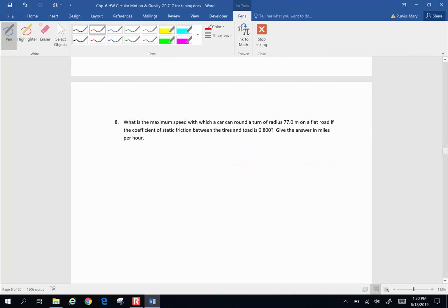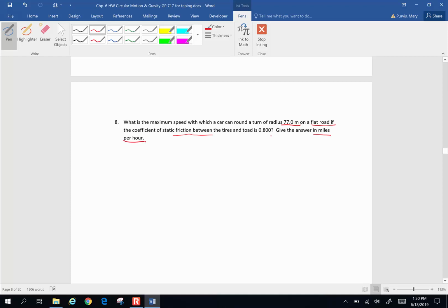Number 8. What's the maximum speed with which a car can round a turn of radius 77 meters on a flat road if the coefficient of static friction between the tires and the road is 0.88? Give the answer in miles per hour.